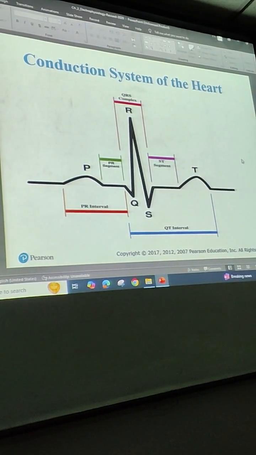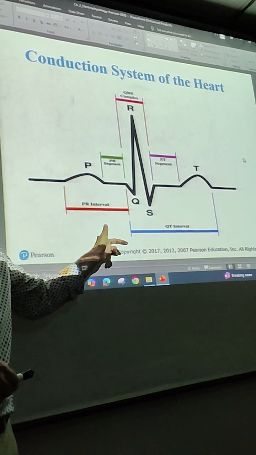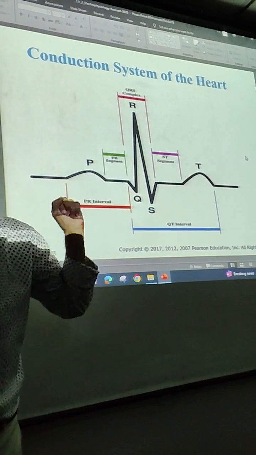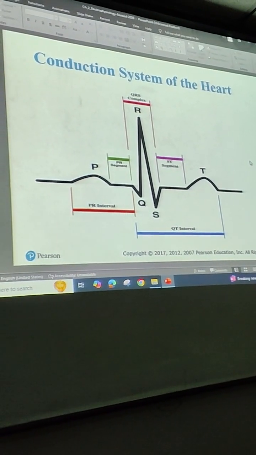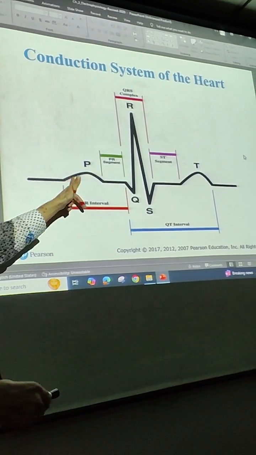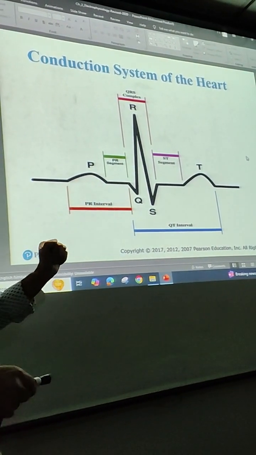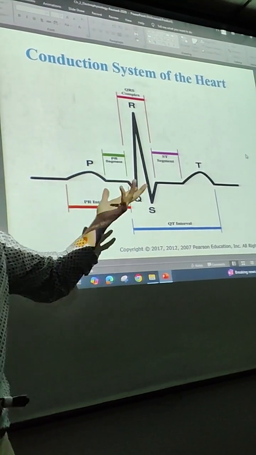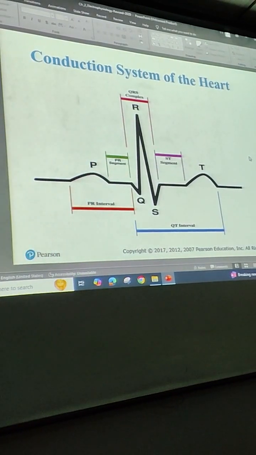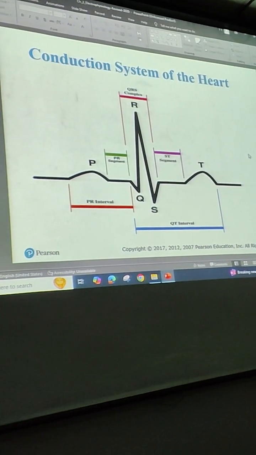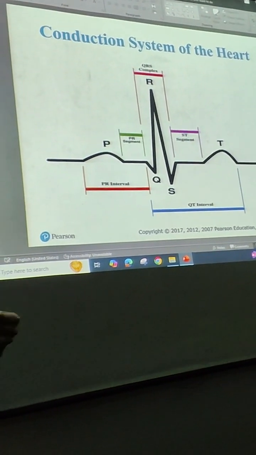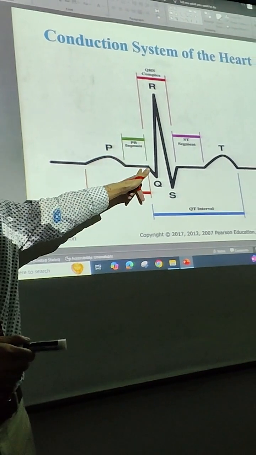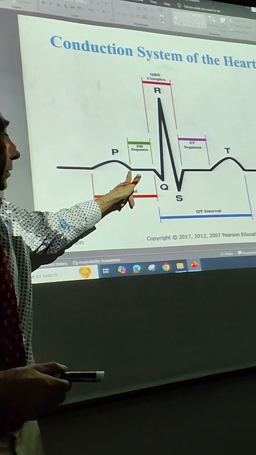One more. PR interval is the sum of the P wave and the PR segment. See? What is this? P wave. What is this? Segment. So if you have the sum of these two, that's the PR interval. The sum of the P wave plus the PR segment.